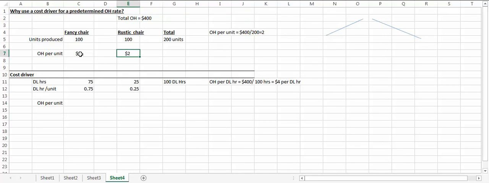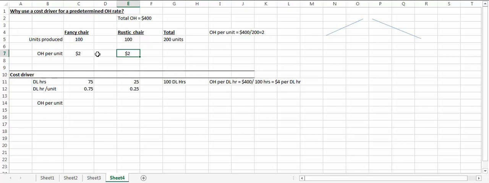The only problem with this simplistic approach is that you might be incorrectly estimating overhead given the circumstances of each product. So if we can imagine that a fancy chair requires more labor, for example, maybe it needs to be sanded down, maybe it needs to be painted much nicer, whereas the rustic chair, we just basically assemble it and leave the wood as is.